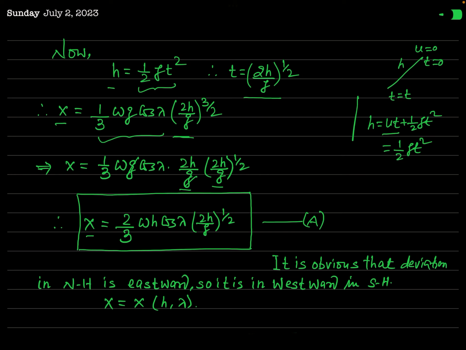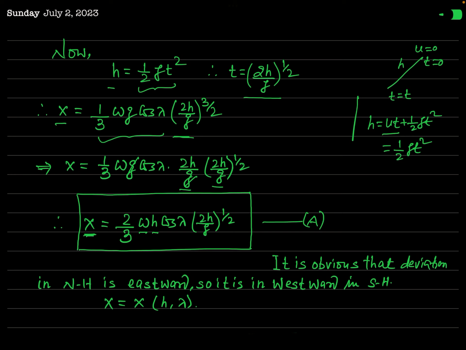Now see this expression seriously, and if I ask you on what factors this deviation x depends, which are the factors affecting this x in the Earth's frame? If we are talking about Earth's frame, then this omega will be constant because the angular velocity of the Earth is constant. So x depends basically on two factors. What is the value of h?